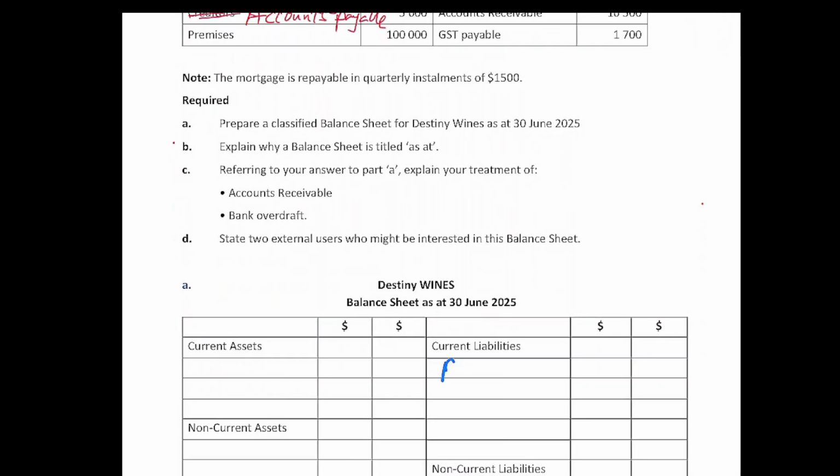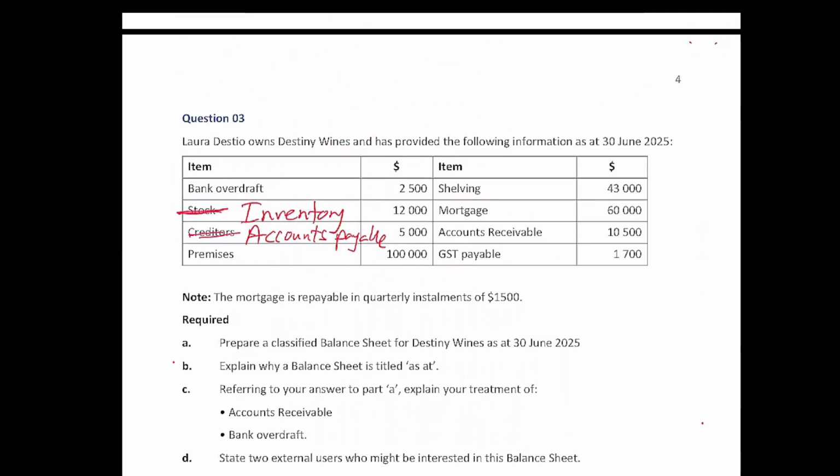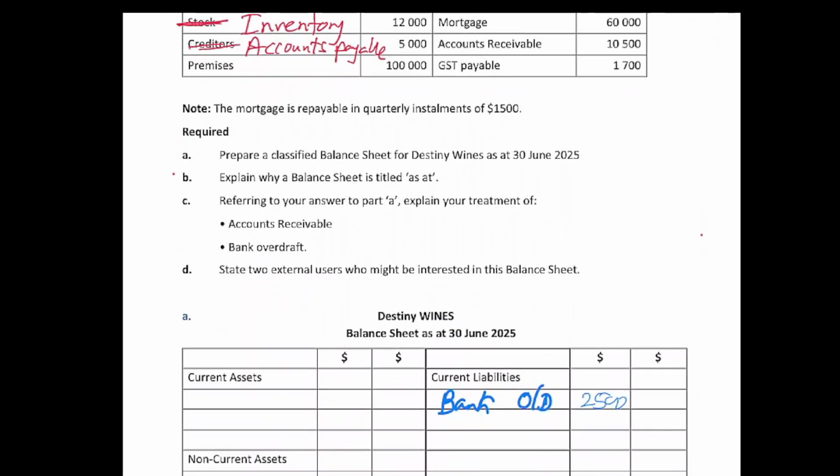So you write bank overdraft here, 2,500. Then the next item is inventory. What is it?